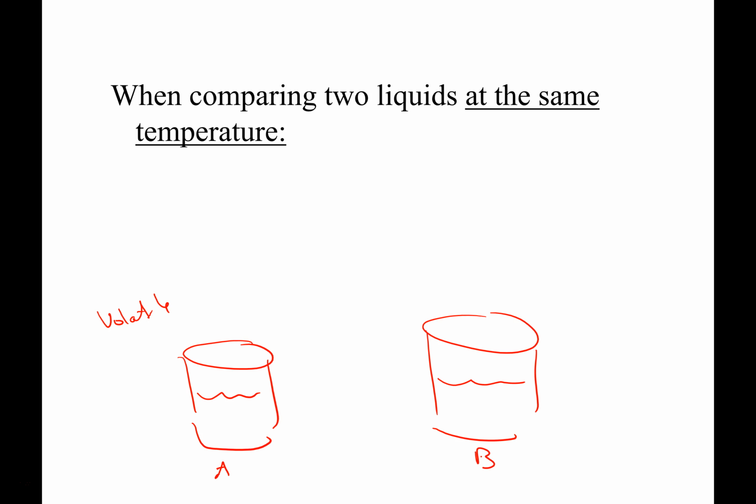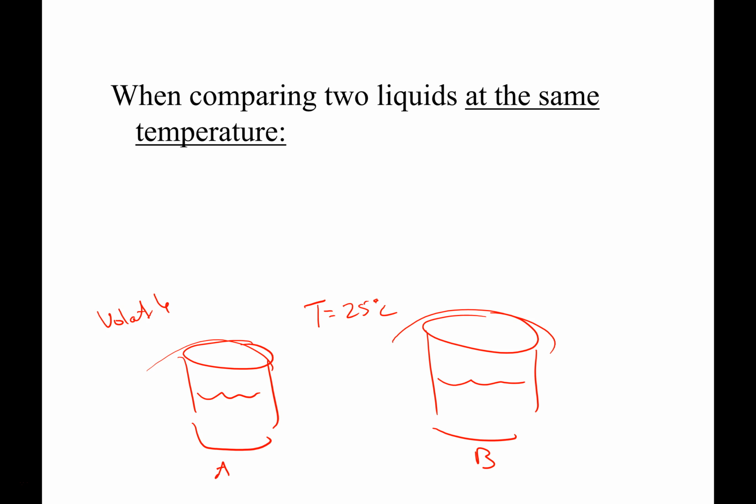When comparing two liquids at the same temperature, so I'm going to say T is equal to 25 degrees Celsius for both, I'm going to cap them. How would I draw dots? If I were going to draw dots and they're in equilibrium, would I draw not very many or a lot of dots here? A lot of dots, yes, because it's volatile.